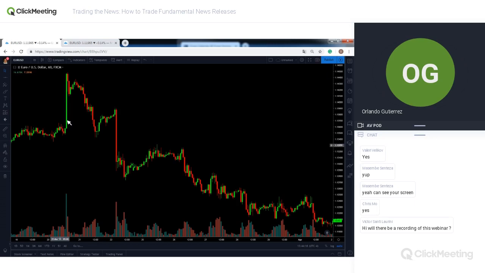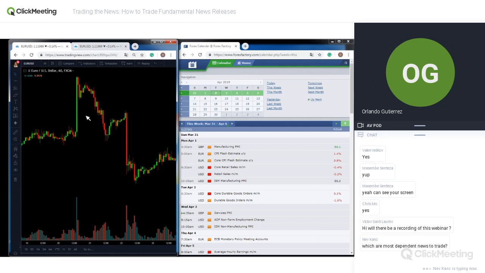We were trading in a 25 pip range, which means that my risk was going to be 25 pips, and the first target was at 59 pips, which means that my risk versus reward ratio was better than 1 to 2. So yes, I would have definitely taken that trade, but I would have never taken this trade on the ISM manufacturing PMI on Monday.